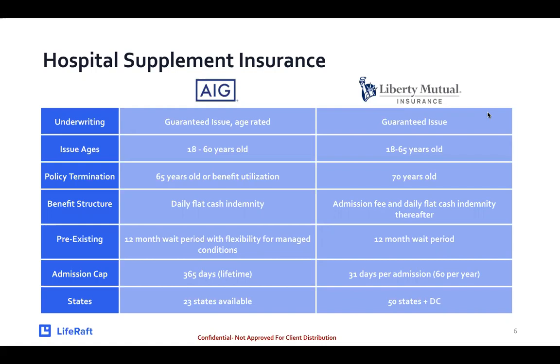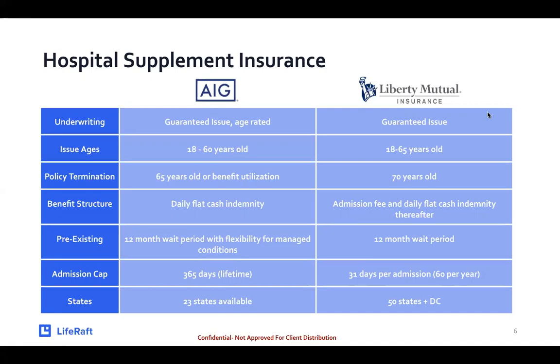With AIG, what you're going to see is that the benefit is really meant to scale with the severity of the hospitalization. So what do I mean by that? When we look at the admission cap on the AIG product, it's actually 365 days, and that is a lifetime cap.